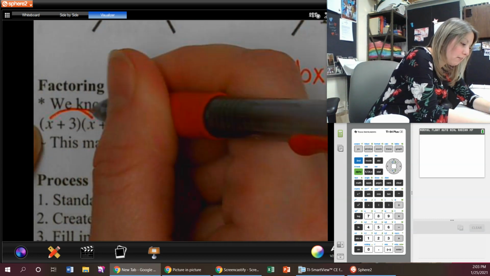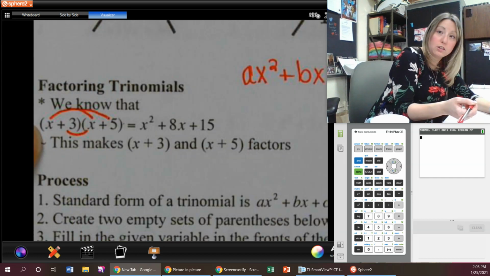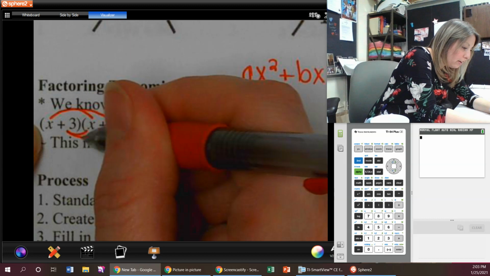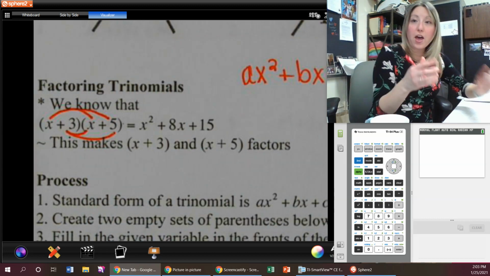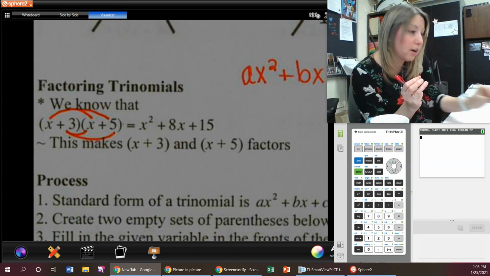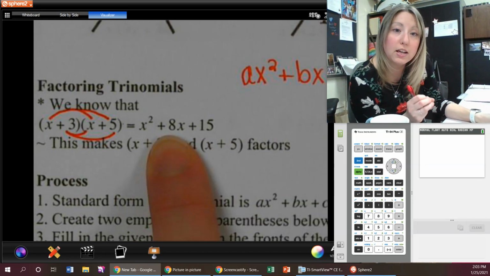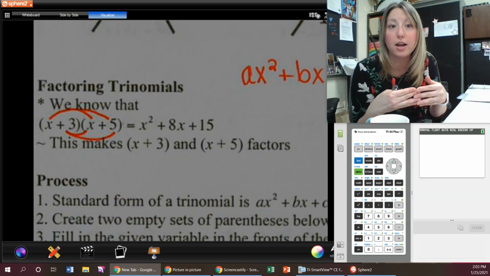Then x times 5 is plus 5x. Then 3 times x is plus 3x. Then 3 times 5 was plus 15. The 5x and 3x are like terms that added up to a plus 8x in our middle when we simplified. Simplest form, standard form.